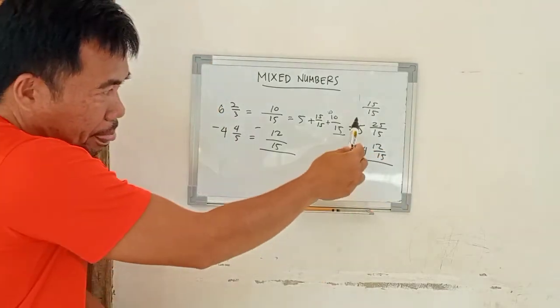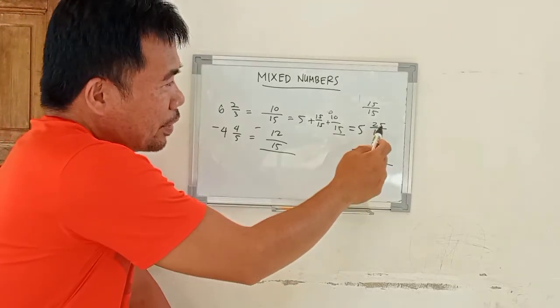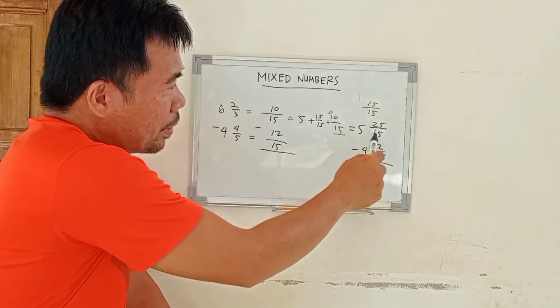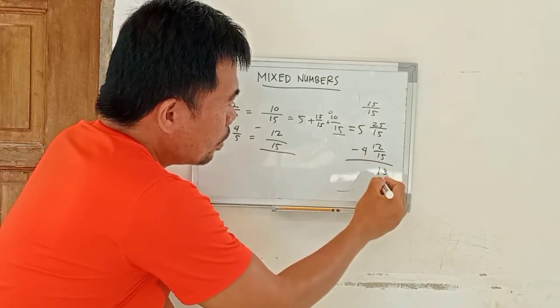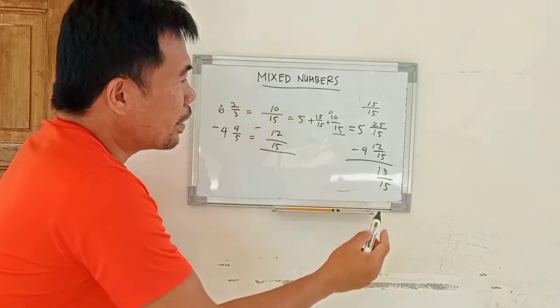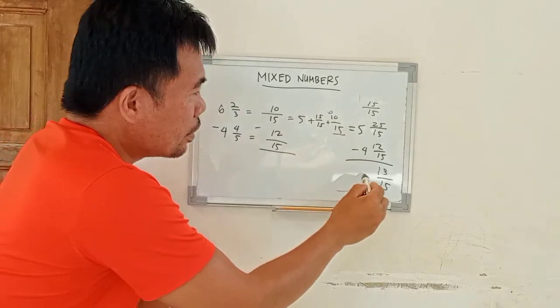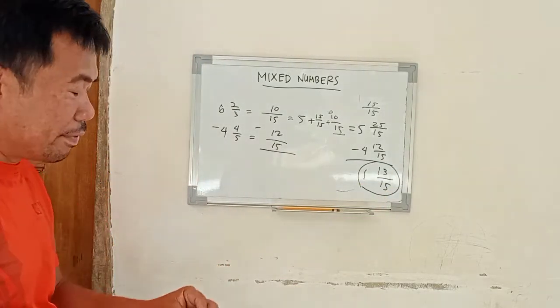So we now have similar fractions. First we subtract the fractions: 25 over 15 minus 12 over 15 is 13 over 15. And subtract 5 minus 4. So the answer is 1 and 13 over 15.